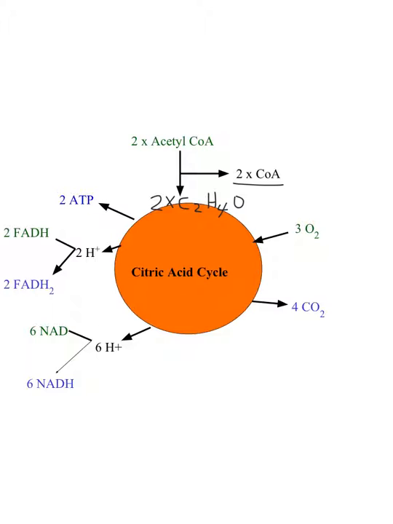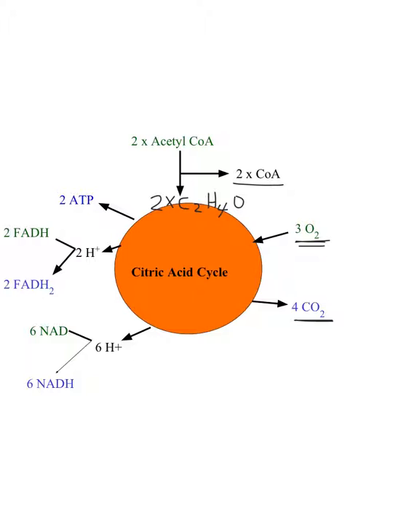Well, if we want to strip our carbons and oxygens off as CO2, we do indeed have 4 carbons there, but we certainly don't have 8 oxygens. So we have to borrow oxygen from another source. We're going to use 3 oxygens and pump them in here. That'll give us enough oxygen to make CO2.